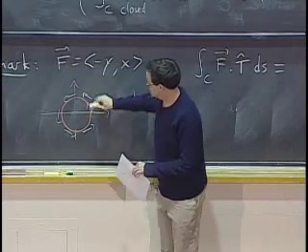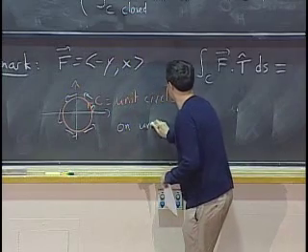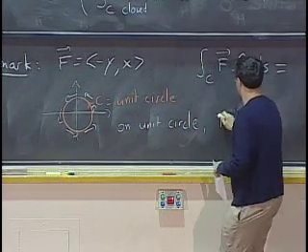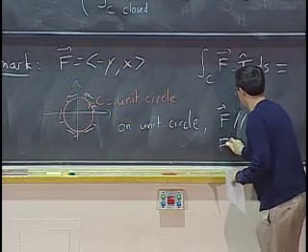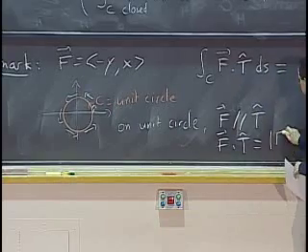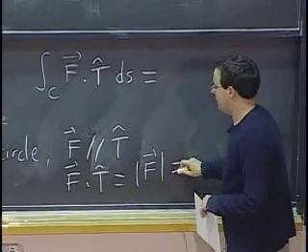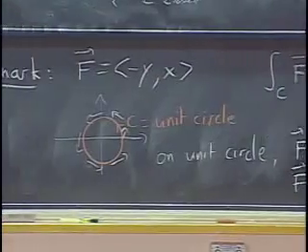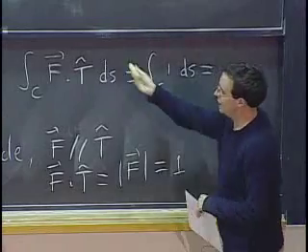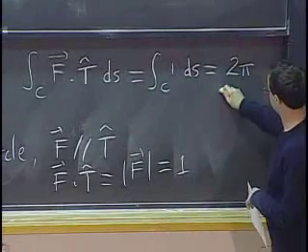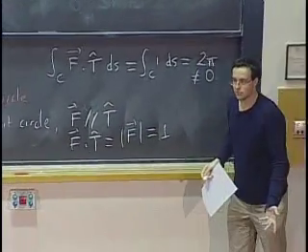Because the vector field is tangent to the circle, on the unit circle f is tangent to the curve, and so f dot t is length f times length t, but t is a unit vector. So it's length f, and the length of f on the unit circle was just 1. So that's the integral of 1 ds. So that's just the length of a circle. That's 2 pi. And 2 pi is definitely not 0. So this vector field is not conservative.